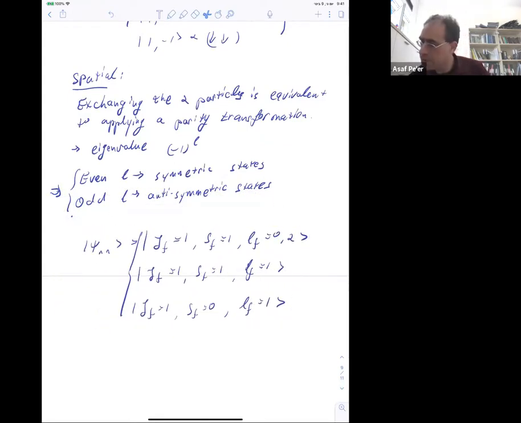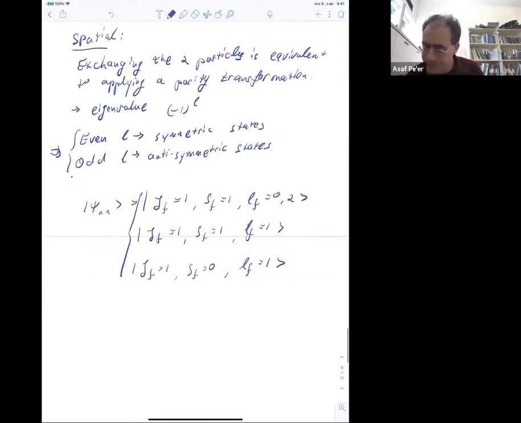So the first one, SF equal to 1, this is symmetric, and LF is 0 or 2, so this is also symmetric.